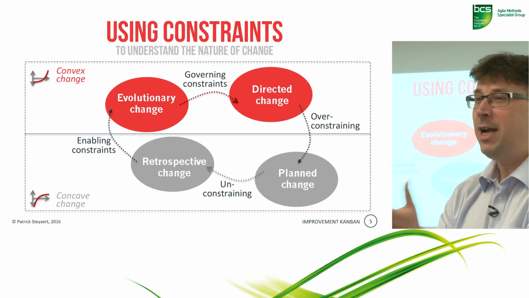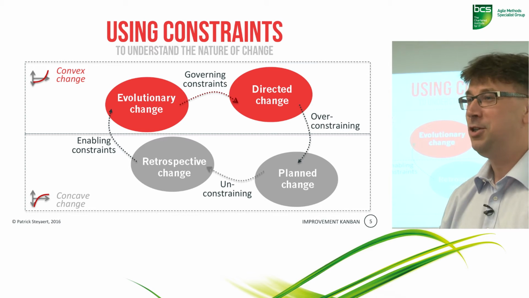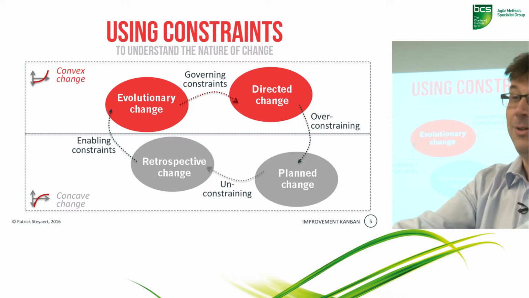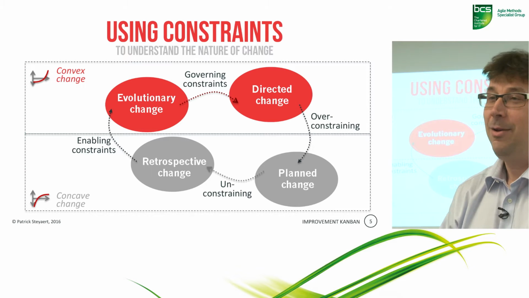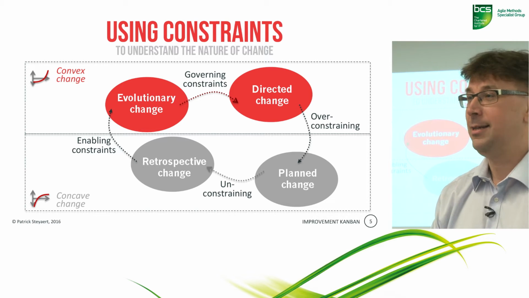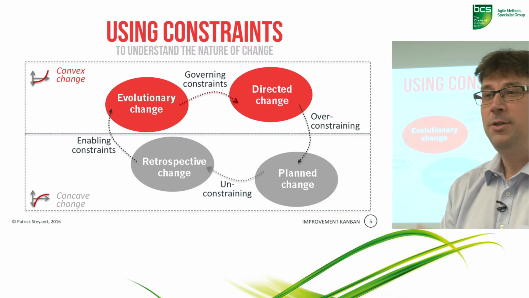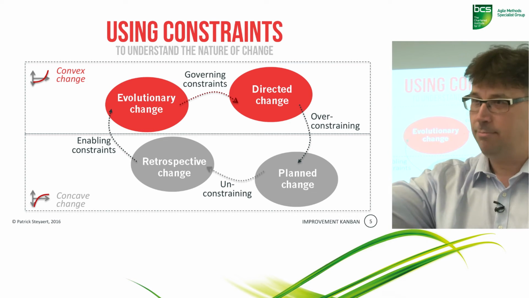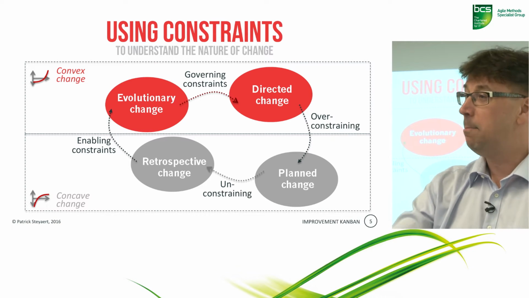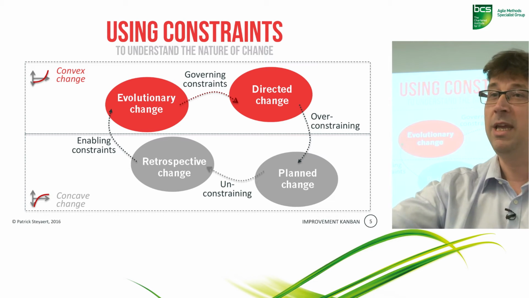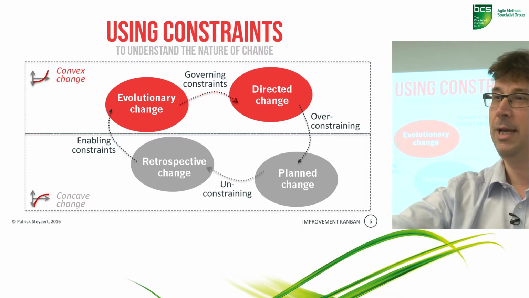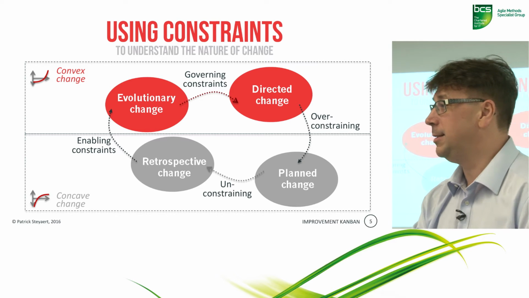So try to play as them. It might be a little bit stretched for those kids. You might use another team. Try to play as this team. So it's not over-constraining. It's giving a direction to the kids that biases their decision-making towards that direction. So that's a governing constraint.